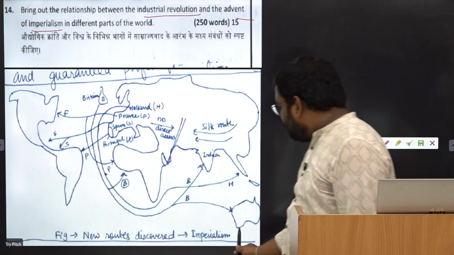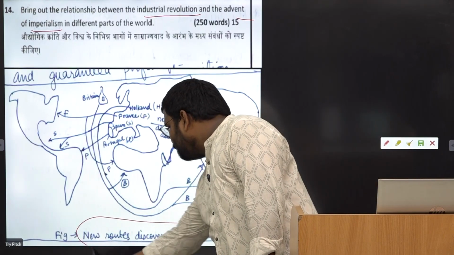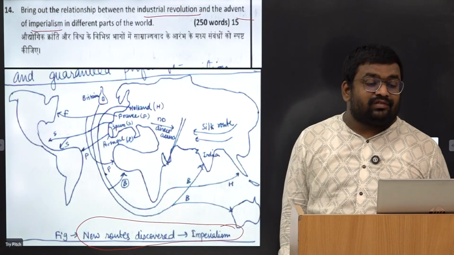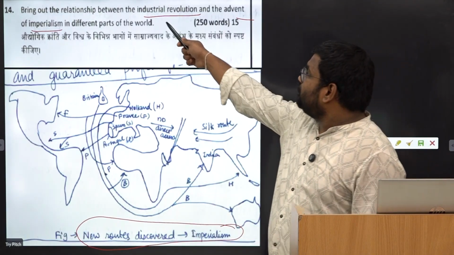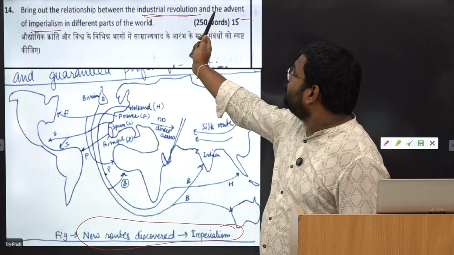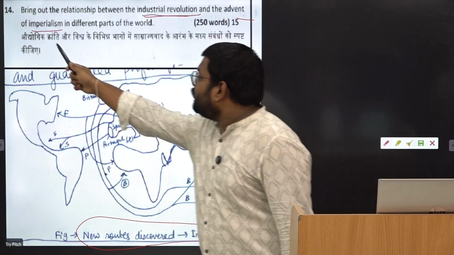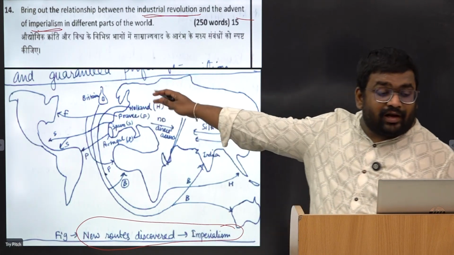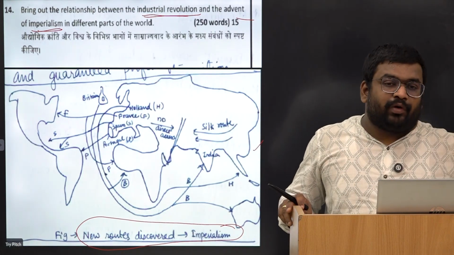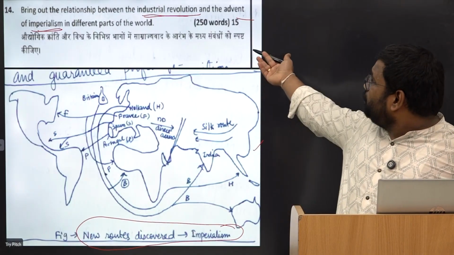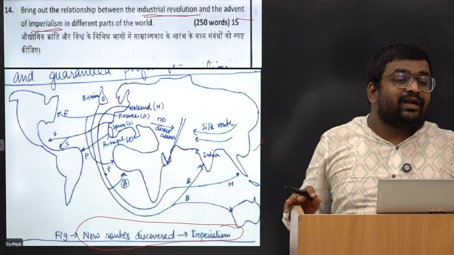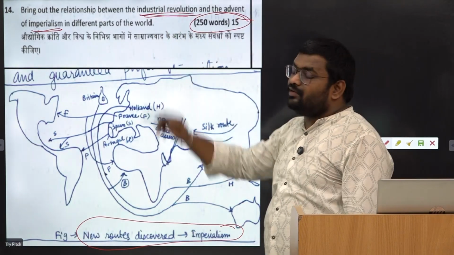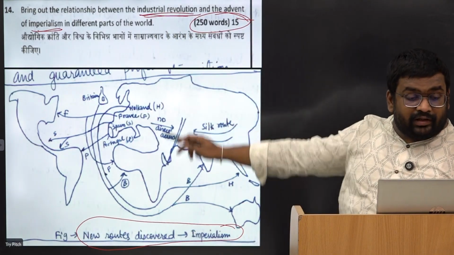With respect to imperialism, the new routes discovered after the imperialism, which highlight the relationship between industrial revolution and imperialism. For that, he has used the map. It has taken more than half of his page just for one point. That is just to bridge the content deficit, because 3 pages भरने के लिए इतना content होगा ही नहीं किसी के पास. So this is how you bring the innovations.